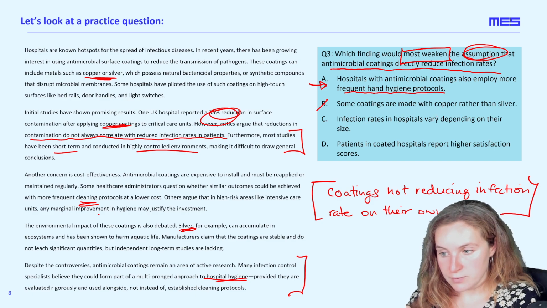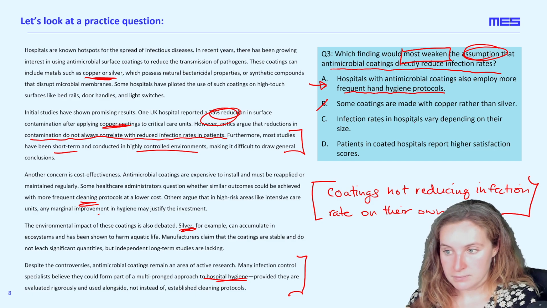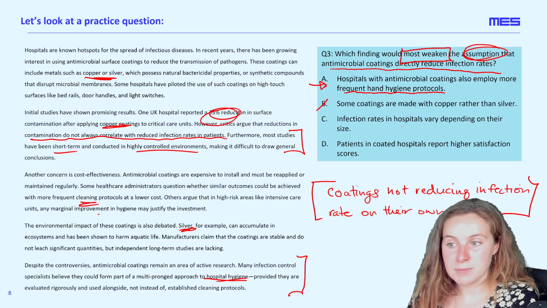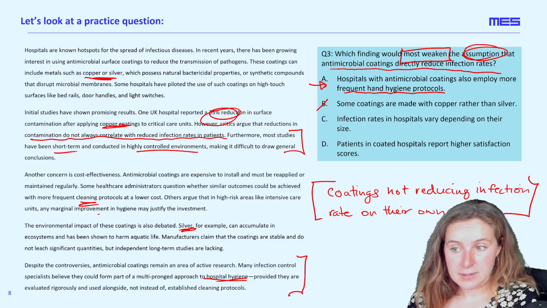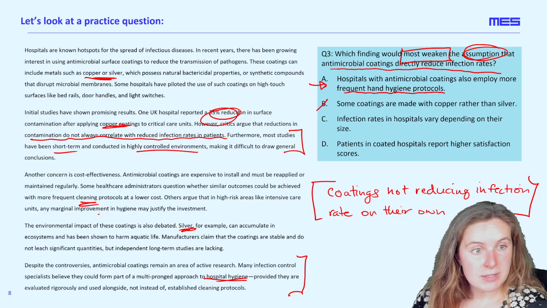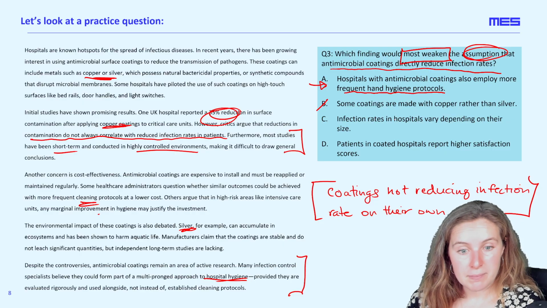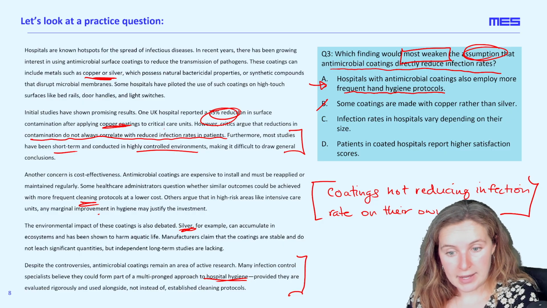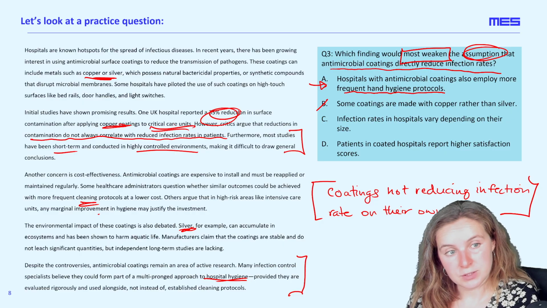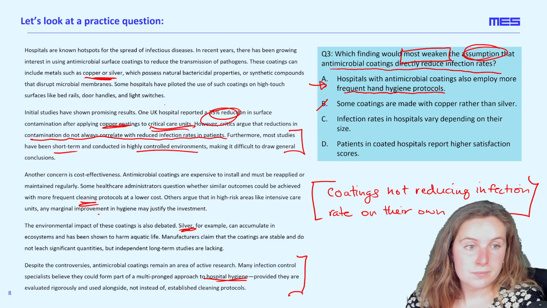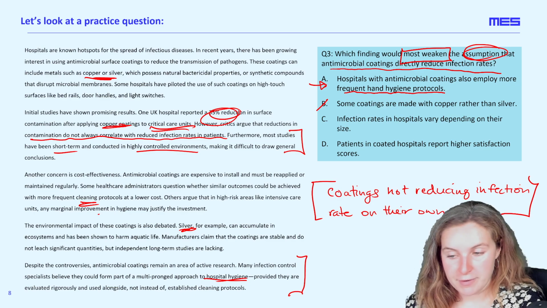Infection rates in hospitals vary depending on their size. Would that most weaken the assumption that antimicrobial coatings directly reduce infection rates? Maybe, right? If we're talking about the fact that infection, depending on size, means that the use of the copper coatings in different places, for example in a big critical care unit, would make a difference compared to a smaller one, where there are different factors at play.